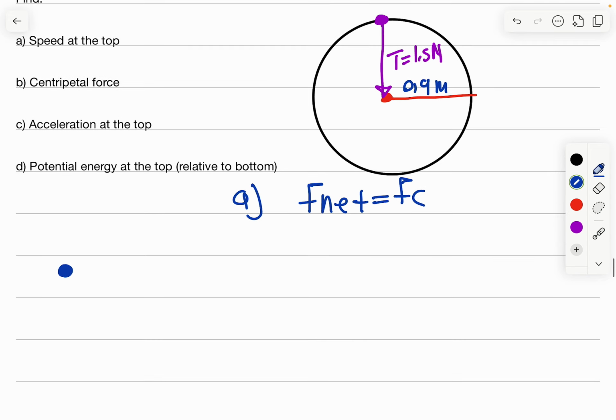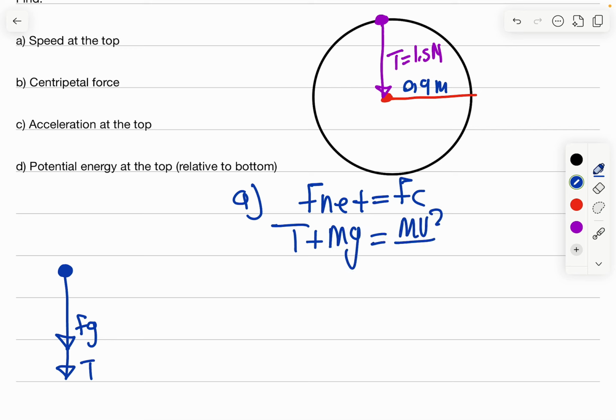You're going to have a tension going downwards, and then Fg also accompanying the tension. As I always told you, you pick the force that is going to the origin to be positive. They are all going to the origin, so they are positive. I'm going to have tension plus mg equals mv squared divided by the radius.